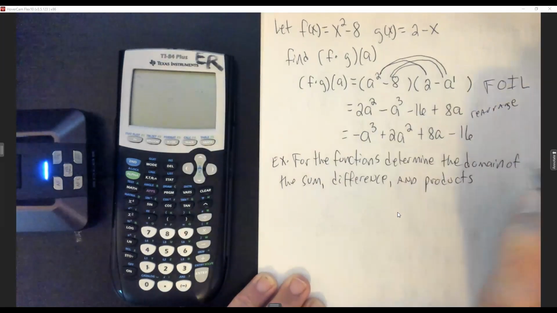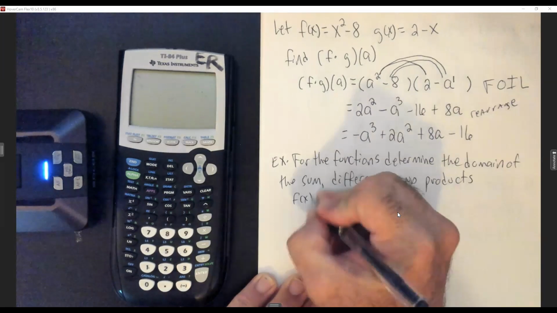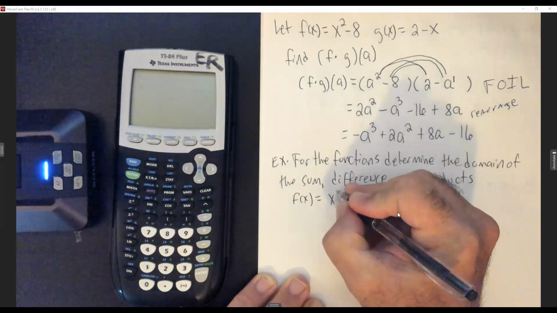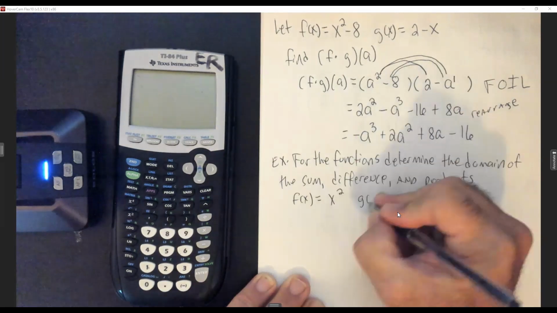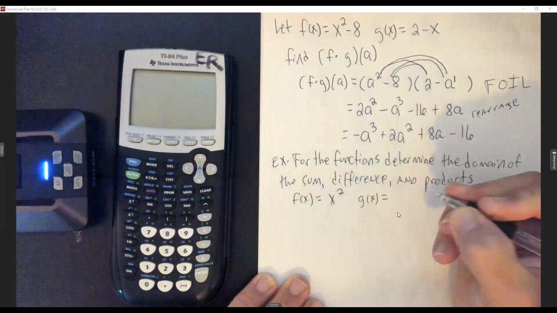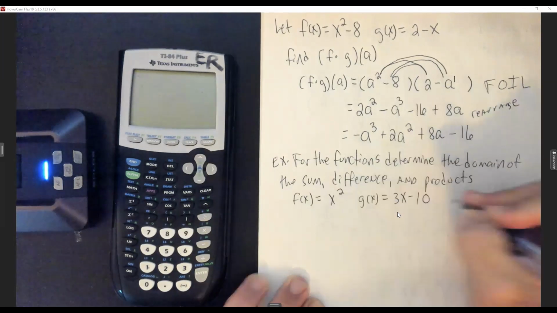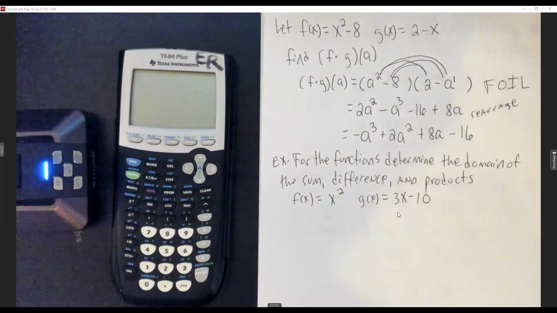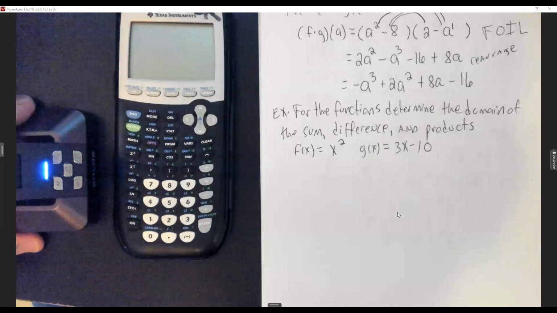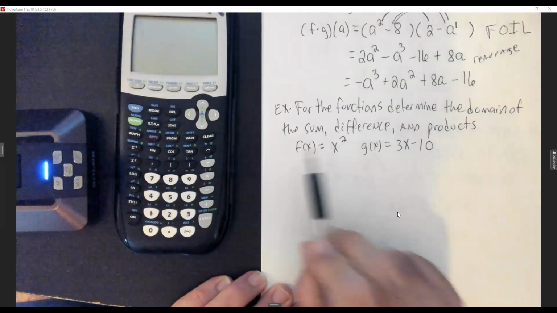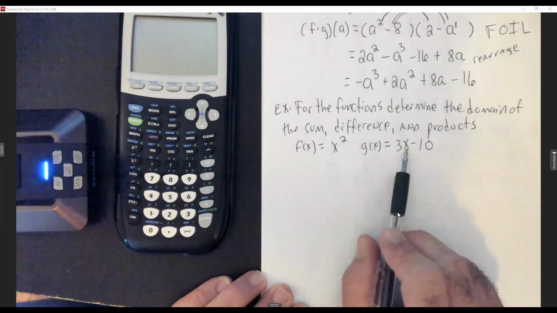And they're giving me f of x is going to equal x squared. G of x is going to equal 3x minus 10. So this one is basically 3 problems because I have to find the domain of the sum of these functions, the difference of the functions, and the products, okay?